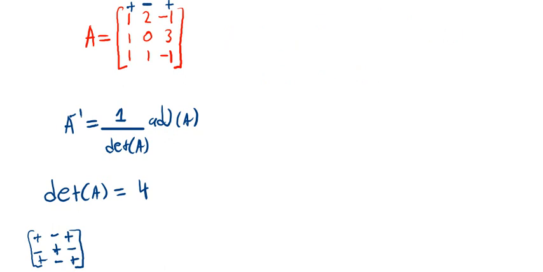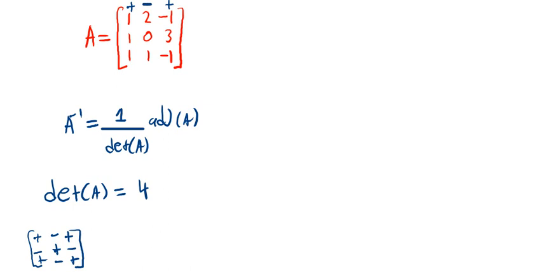Now let's go ahead and come up with the adjoint. The question someone might ask is, what is the adjoint of a matrix? How do you define it? The adjoint of a matrix is the transpose of the matrix of the cofactors. What does this mean? If we have this 3 by 3 matrix in terms of A, you are supposed to find its cofactor matrix, then you transpose that, and that is going to be your adjoint.